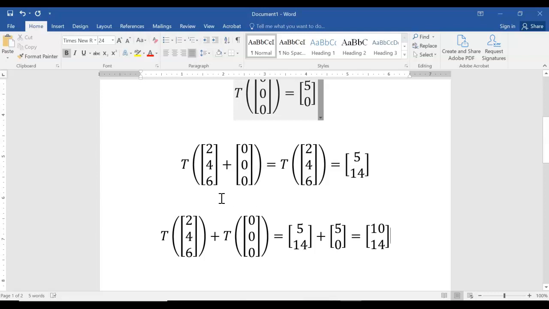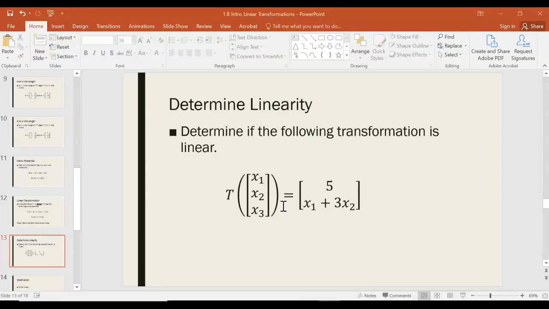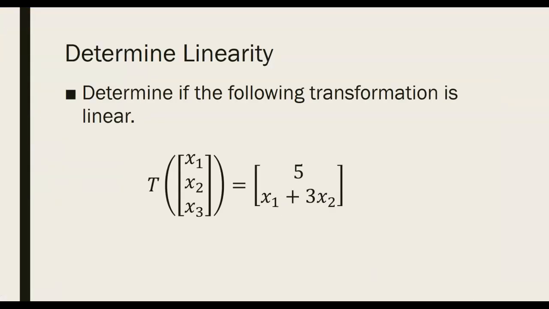This transformation is not a linear transformation because you get different answers depending on whether you added up before you took the transformation or whether you added up after you took the transformation. So this transformation is not linear, okay?